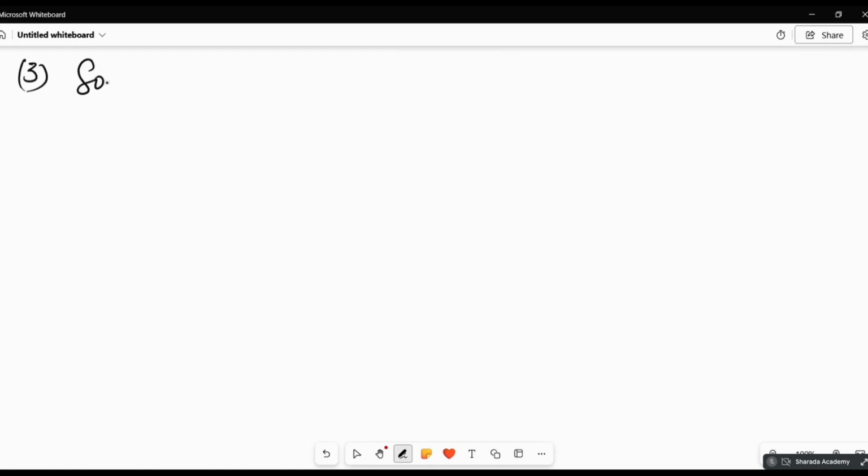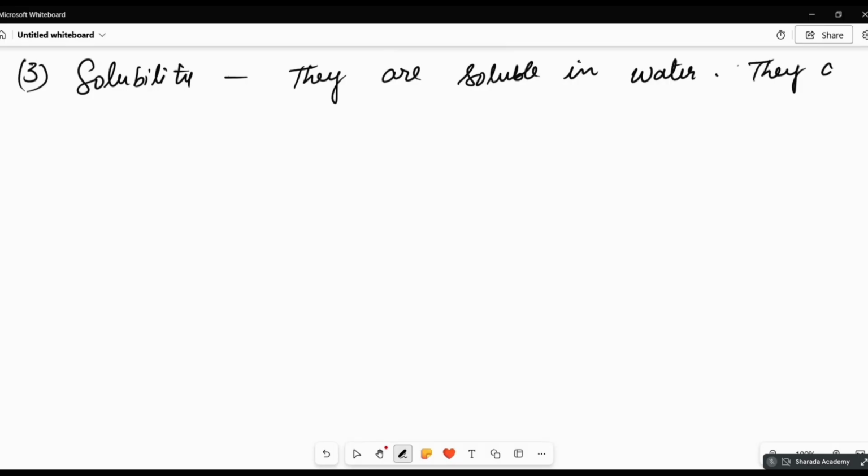Solubility. Write down the solubility. They are soluble in water and insoluble in organic solvents.